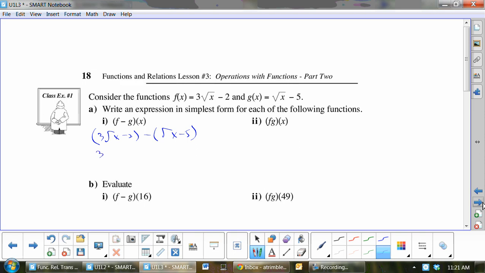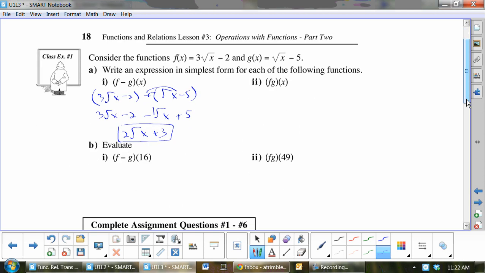So that would be 3 root x minus 2 minus root x plus 5. All I did was multiply the negative in. So 3 root x minus, and there's an imaginary 1 there, 3 root x minus 1 root x is 2 root x. And negative 2 plus 5 is positive 3.